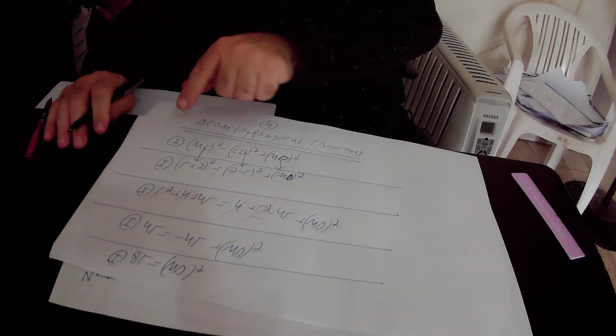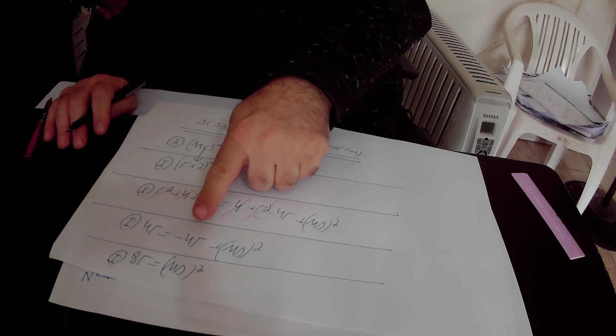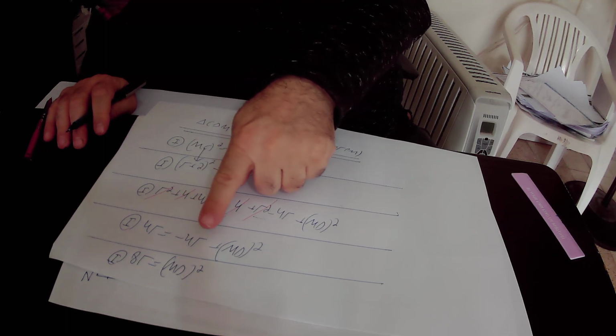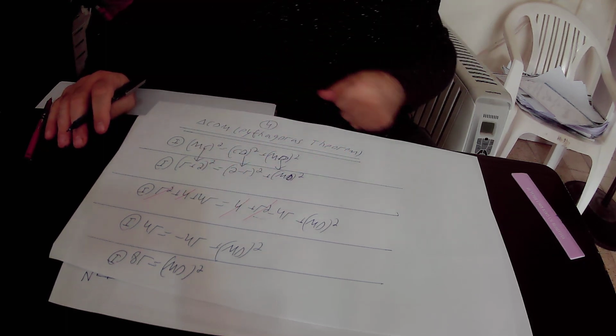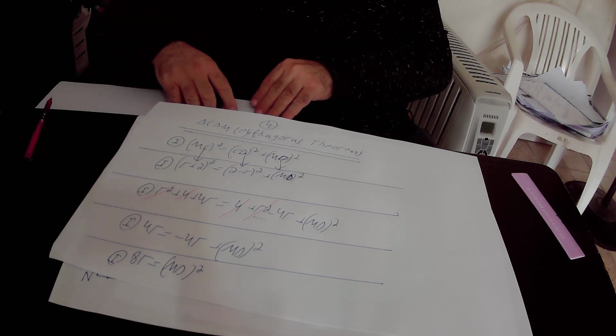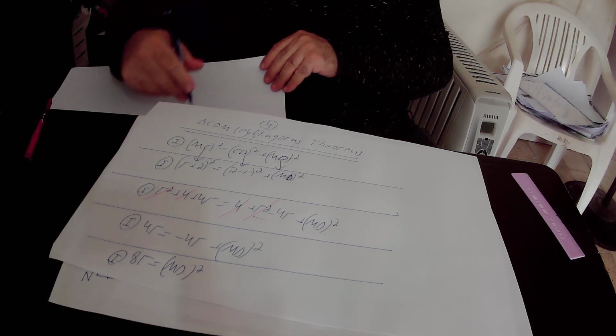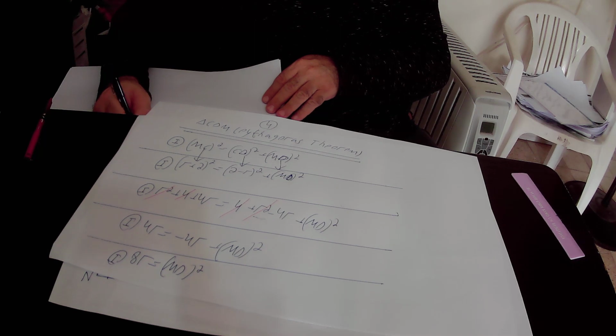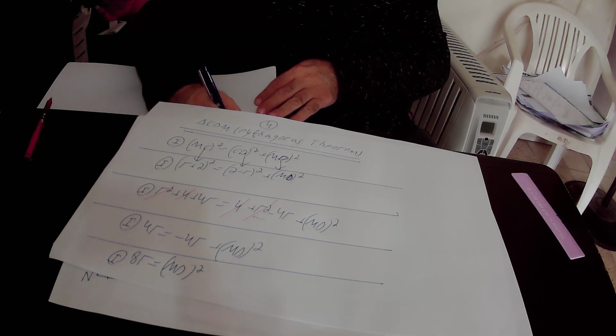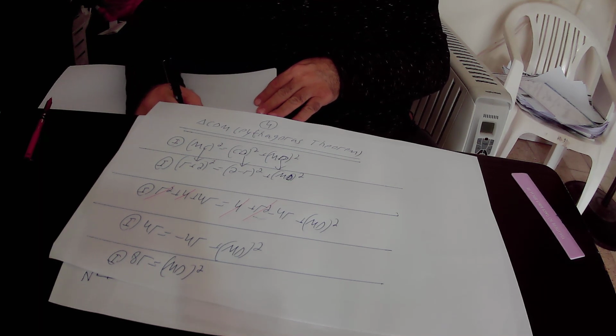So here we will take the square root, and we will get that MD equals the square root of 8R. MD, according to this equation, equals the square root of 8R.